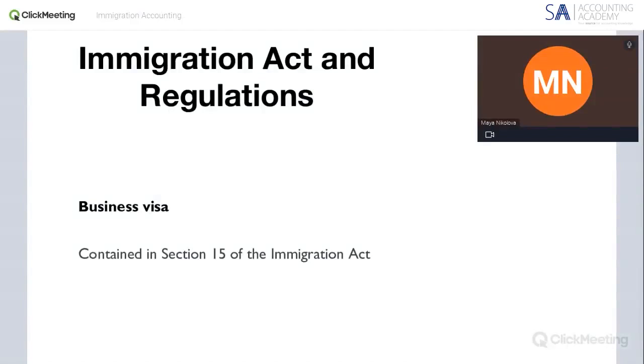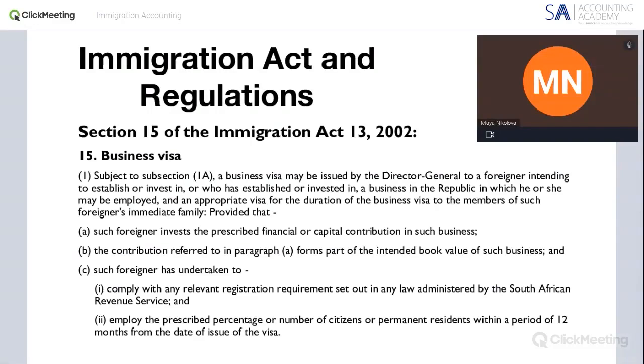The whole of Section 15 of the Immigration Act is dedicated to business visa and how to apply for it, what the legal requirements are, and so on and so forth, which we will go through now.